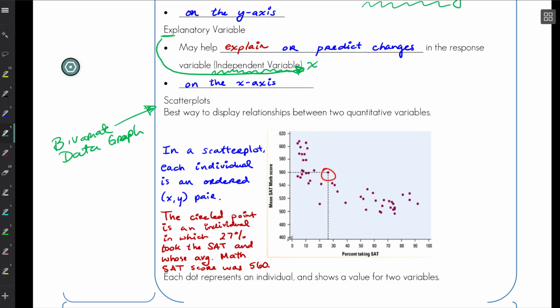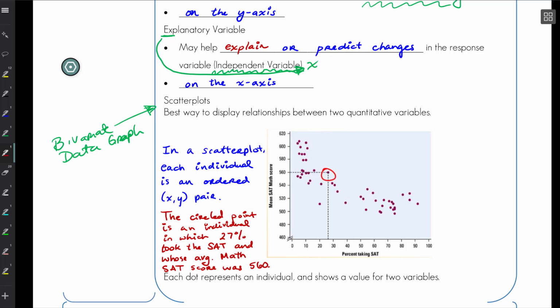In a scatter plot, each dot represents an individual and shows a value for those two variables. That means that each individual is an ordered XY pair. Now, in this example, I see that I've got two different variables. On the x-axis, or my explanatory variable, is the percent taking the SAT. So maybe my individuals here are schools.